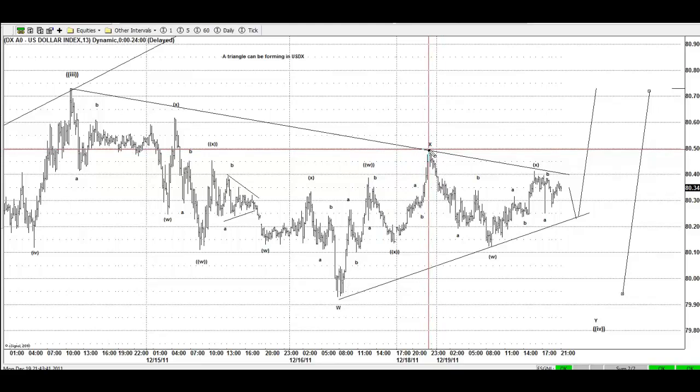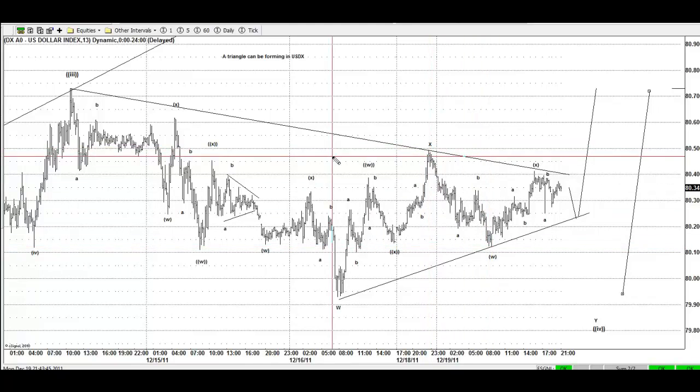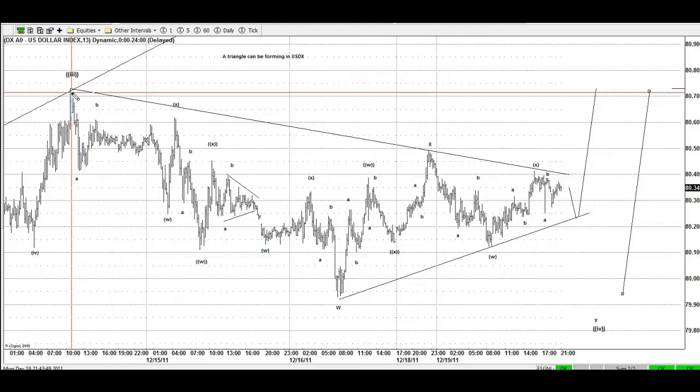Now, the reaction from the dollar rally is in three waves, which is telling me that this high should be taken sooner or later. In other words, this high is the equivalent to 124.44 on the euro against the dollar. So that high should be taken sooner or later.